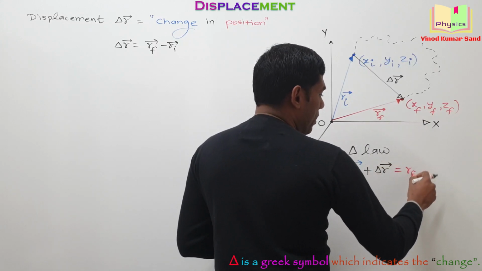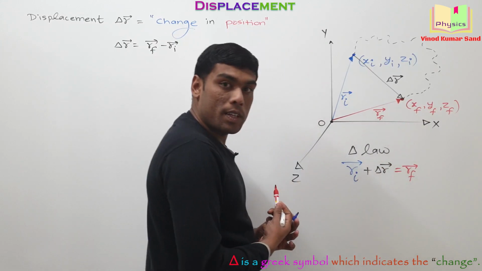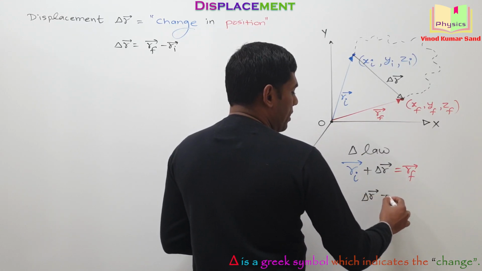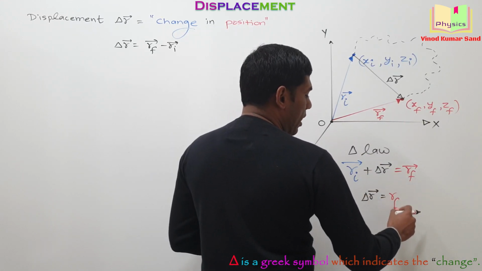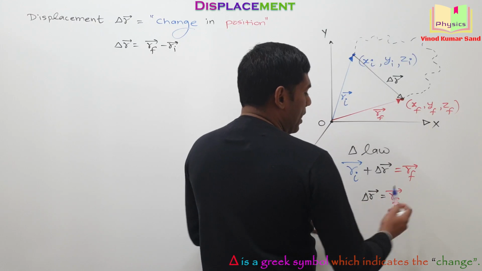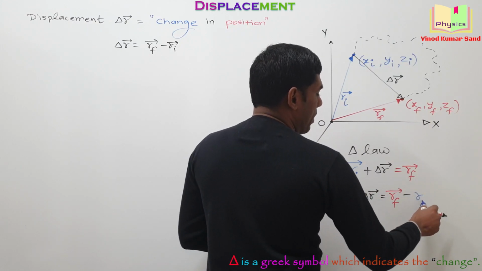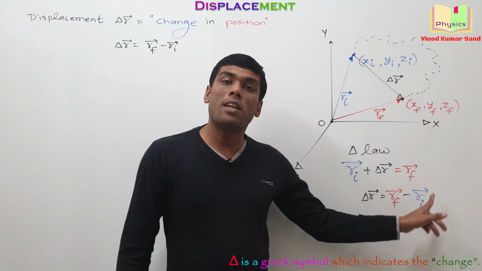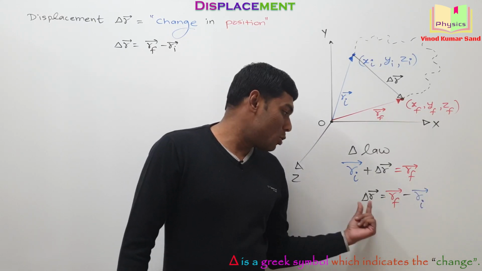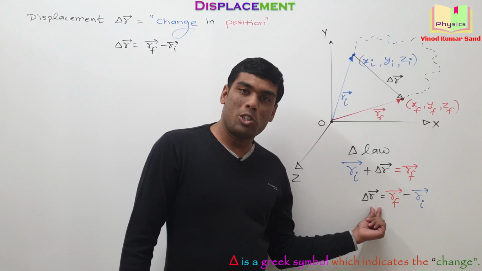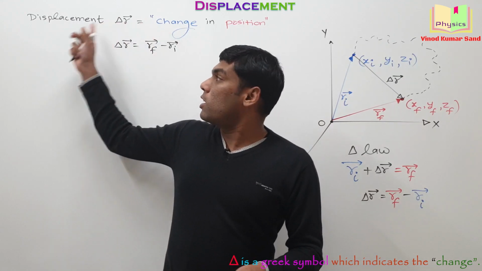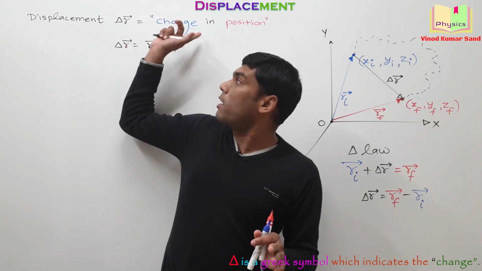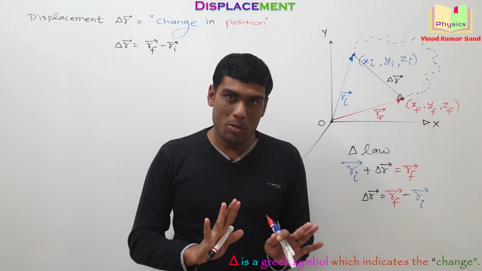R final vector. Remember that. From here we can easily write that del r vector is equal to r final vector minus r initial vector. So final position minus initial position gives you the change in position, and change in position is known as the displacement. This is the perfect definition for the displacement.